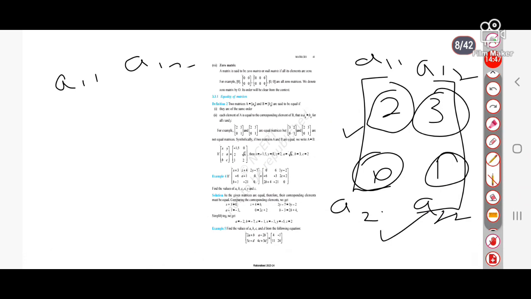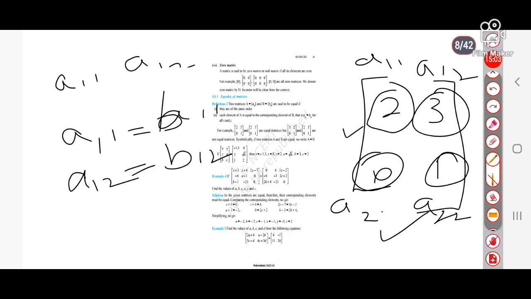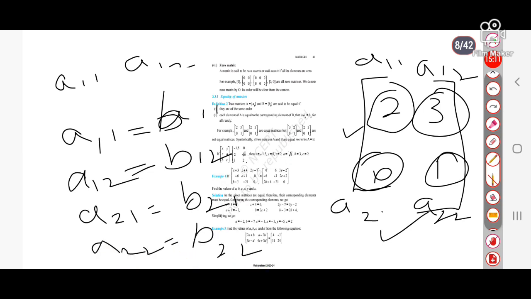When writing, what we write is there in the textbook: A11 of the matrix is equal to A11 of the other matrix, or you can name it B11. Then A12 equals B12, A21 equals B21, A22 equals B22. So both given matrices are equal.